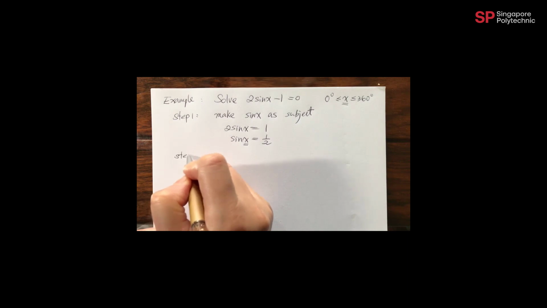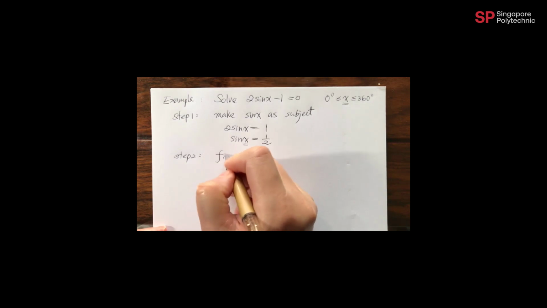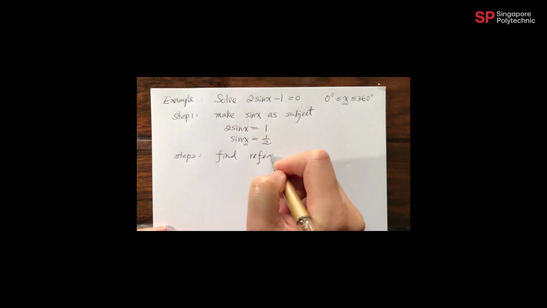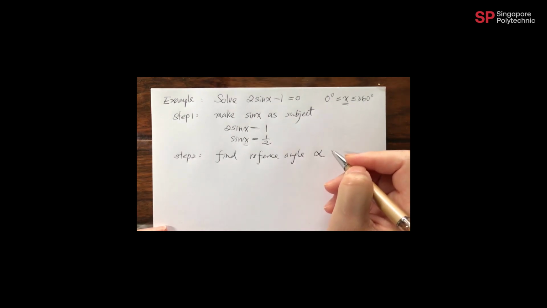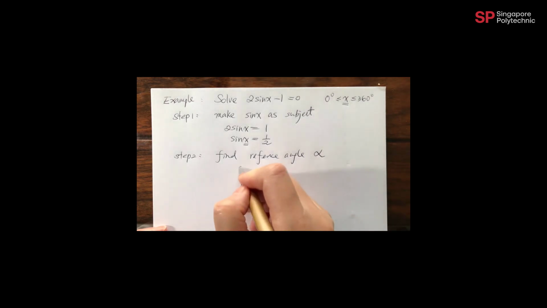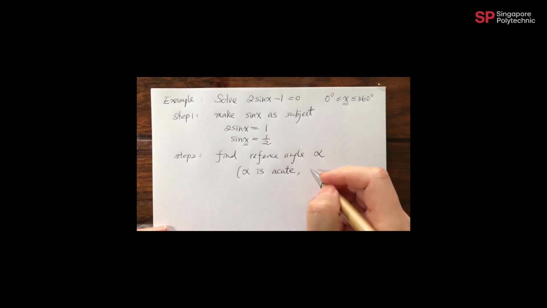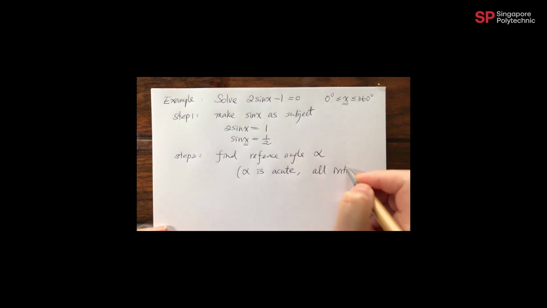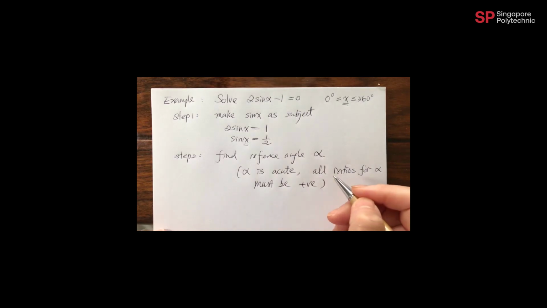Now the step number 2 is to find the reference angle. We will call this alpha. Now, reference angle alpha is acute, so all the ratios for alpha must be positive. What does that really mean?